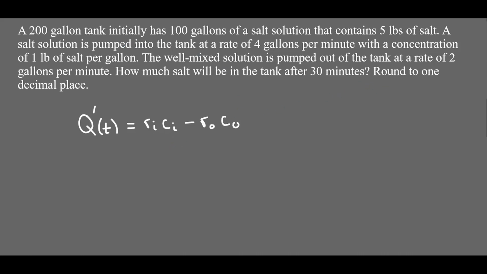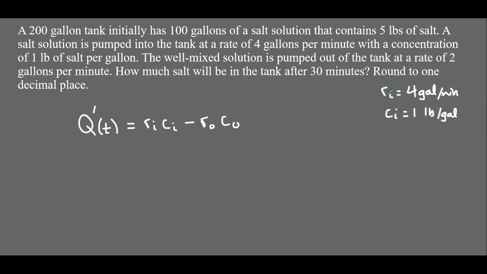So here, the rate going in is 4 gallons per minute, right? So 4 gallons per minute going in. It says with a concentration of 1 pound of salt per gallon.